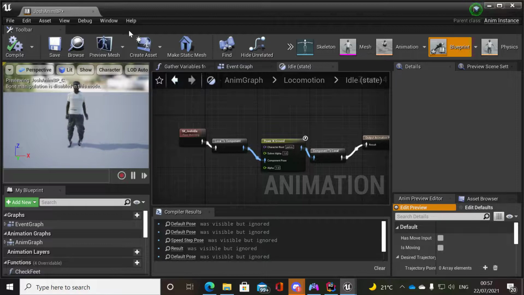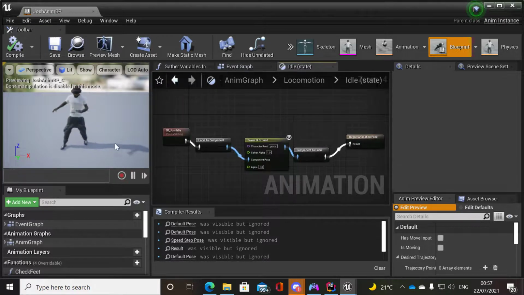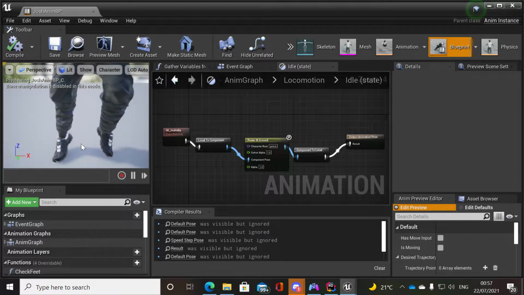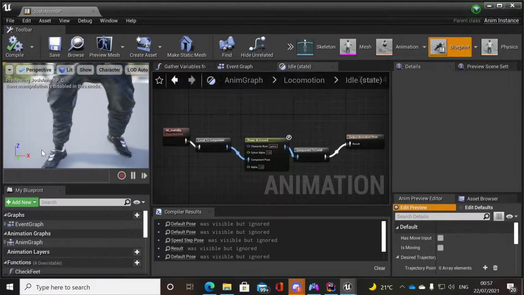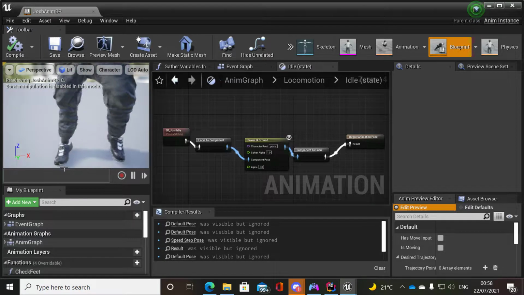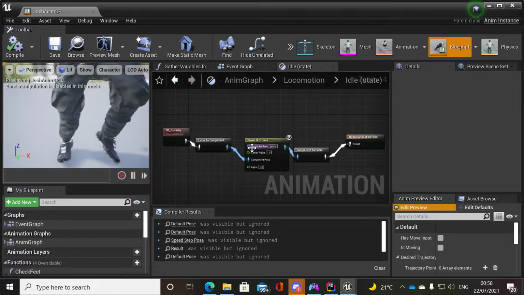I don't know if it's because we're IKing that one bone. The heel is IK'd and the heel keeps off the ground, but I don't know if the toe is just behaving separately to it.